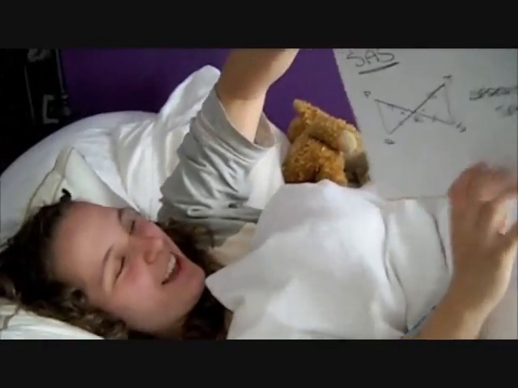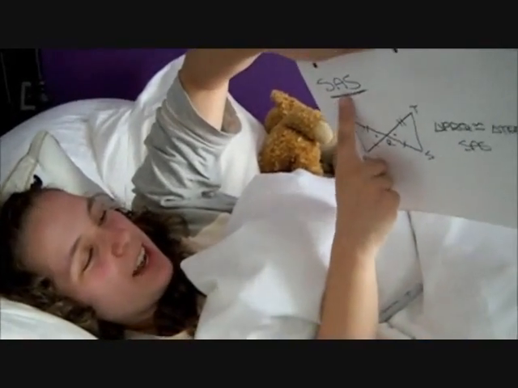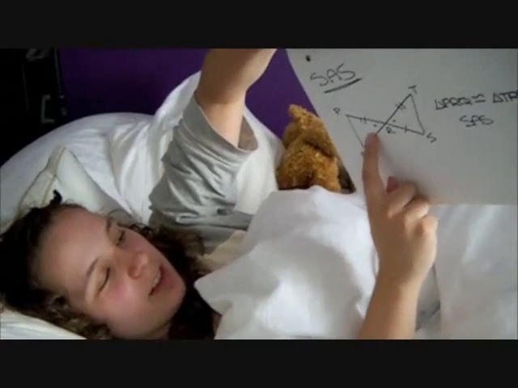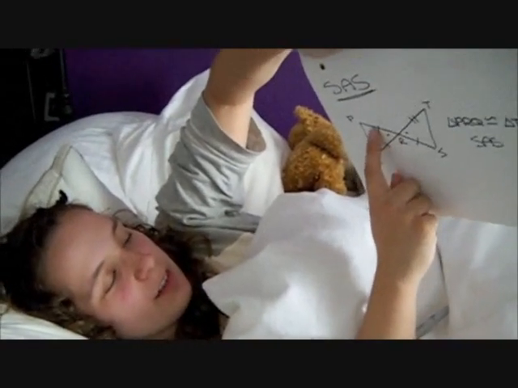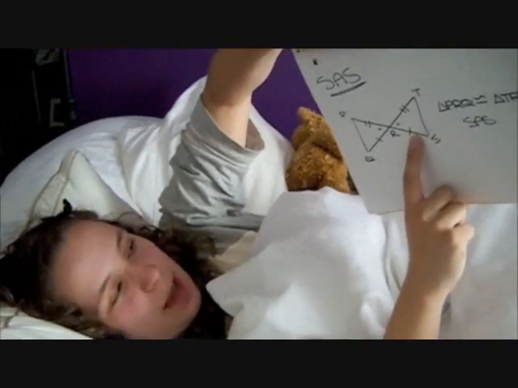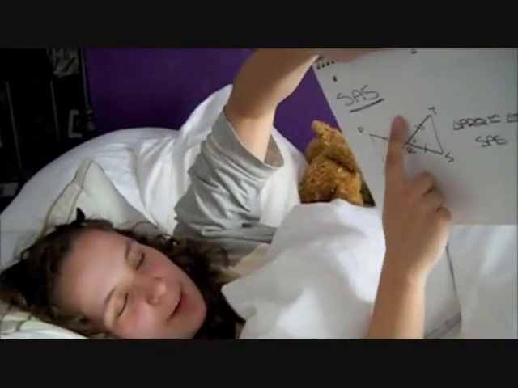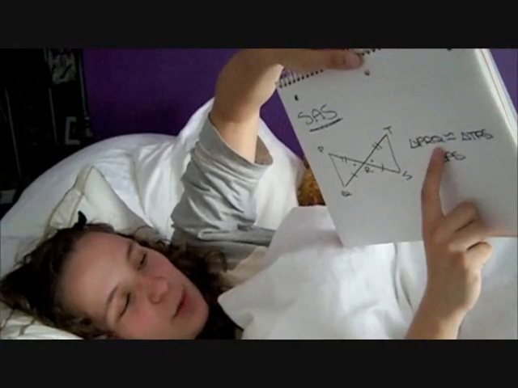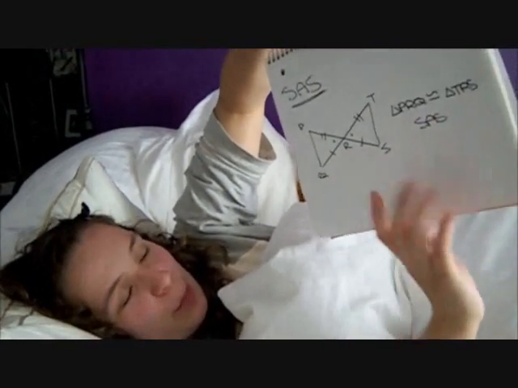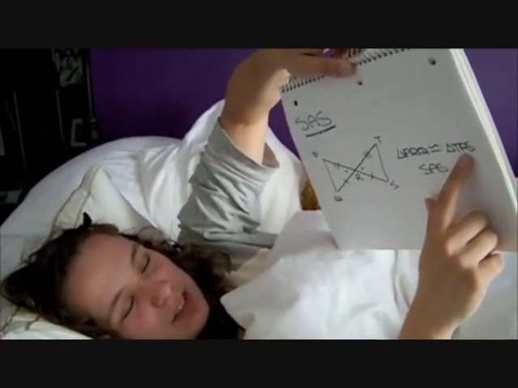Really? Okay, now we are going to use side, angle, side. In this diagram, we have this little line here, and a dot, and two lines. It's identical to the other triangle beside it. That makes this a side, angle, side. Triangle PQR is equal to, and this little line here shows that it might be only approximately, triangle TRS.